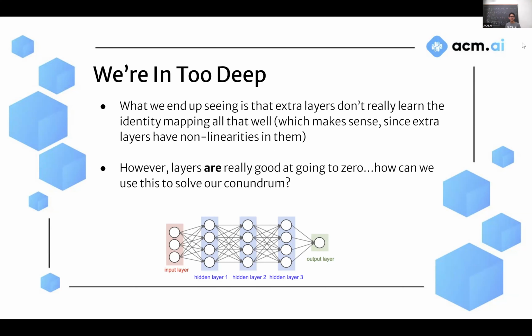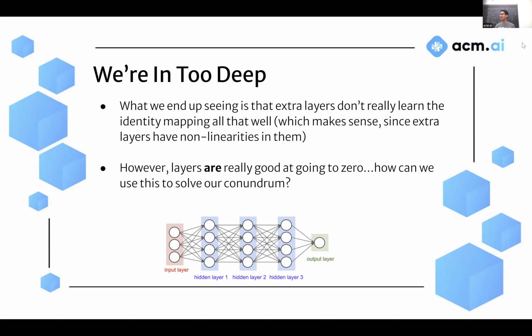So in practice, what we see through gradient descent is that this identity mapping is actually pretty hard for our networks to learn. But what they are good at doing is going to 0. So no matter what input they pass in, we can train the layers pretty effectively to just go to 0 and have that be the output that they spit out.